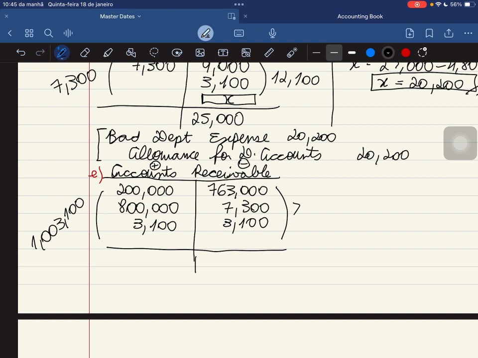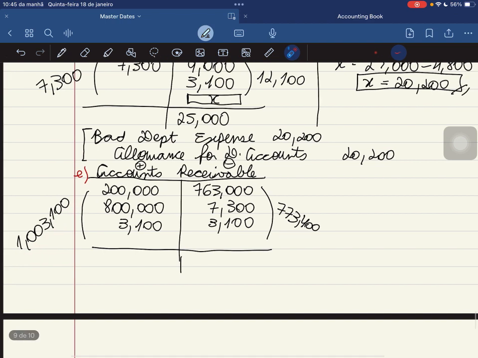Yeah, that is 773,400. Okay, again, so if here I have 1,003,100 and here I have 773,400, that means that I'm going to have more on this side, right? Simply because this number is bigger. So I'm just going to subtract this from this. Just see how much is that.